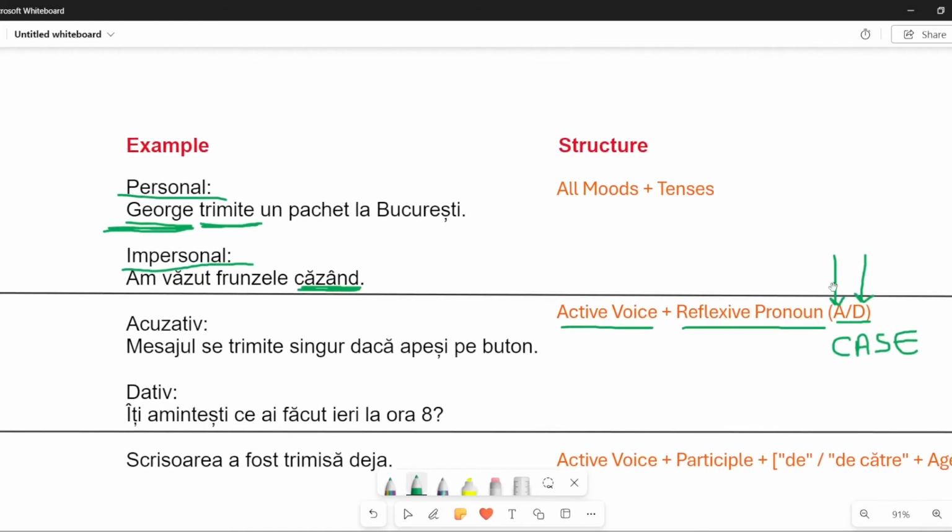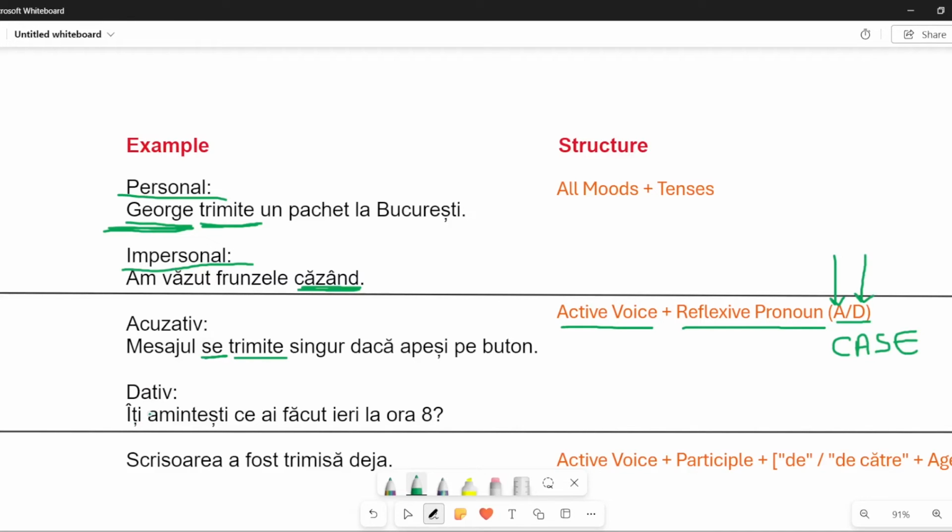In accusative, where we said oneself, we have this example. Mesajul se trimite singur dacă apeși pe buton. Se is the reflexive pronoun and trimite is the verb in the active voice. The message sends itself. I added here singur just to make it even more obvious.